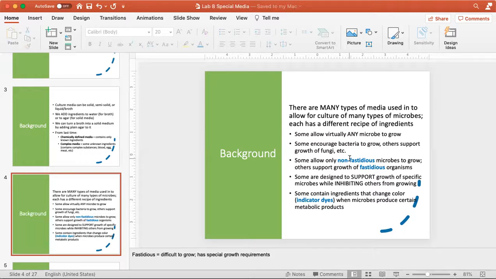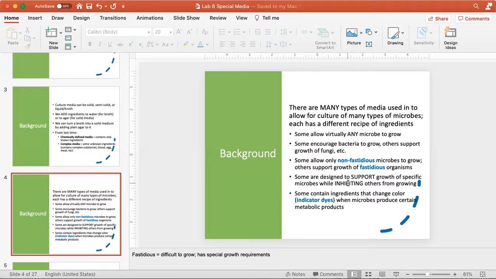When it comes to the special media, some are designed to support the growth of one kind of microbe, maybe one genus or one species, while inhibiting other types of microbes. Remember, Sabouraud agar is designed to inhibit the growth of bacteria. It allows fungi to grow.